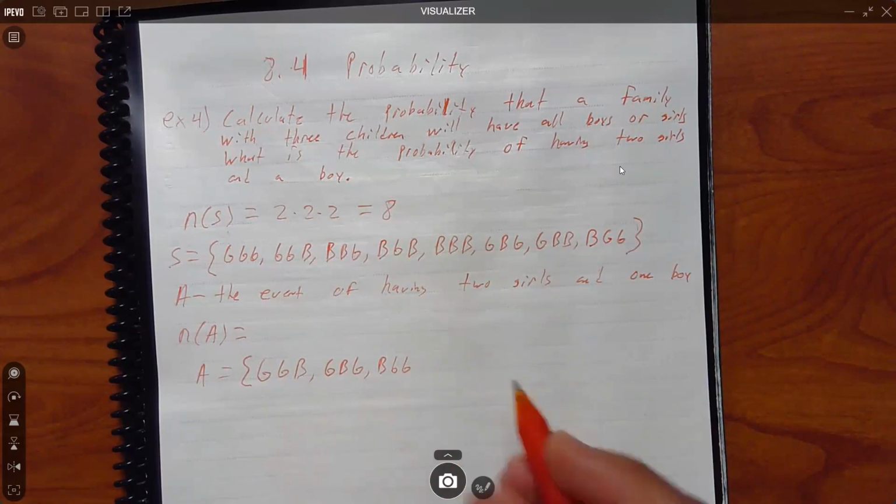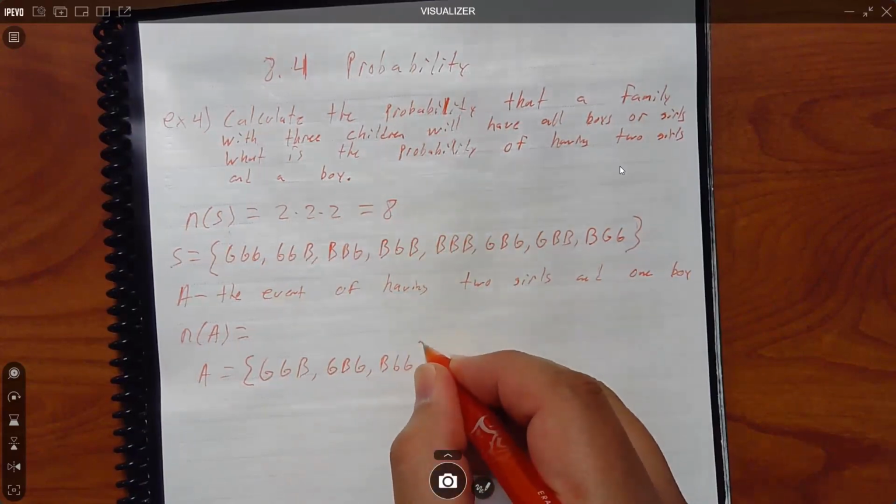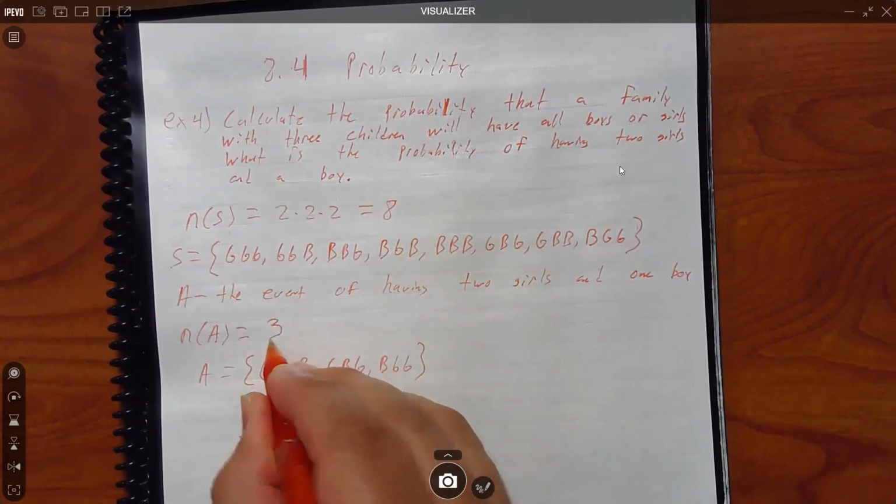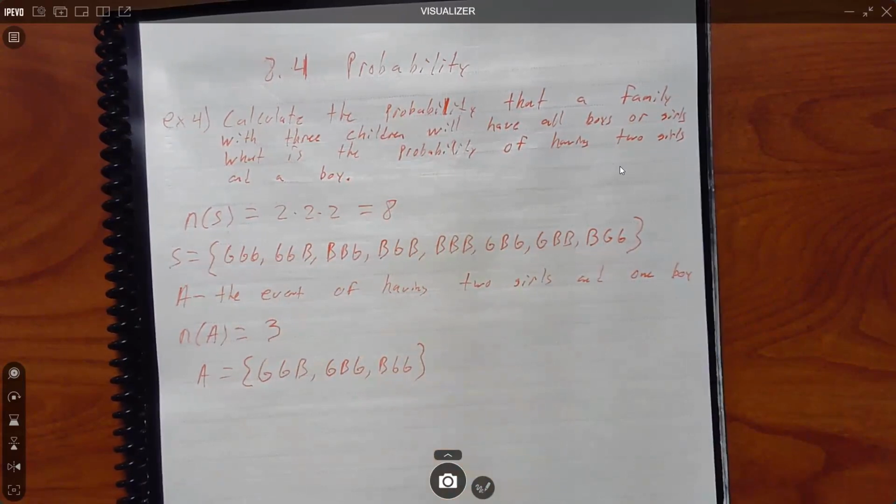I think that's it. So the number of elements in A is equal to 3, because you can count them yourself.